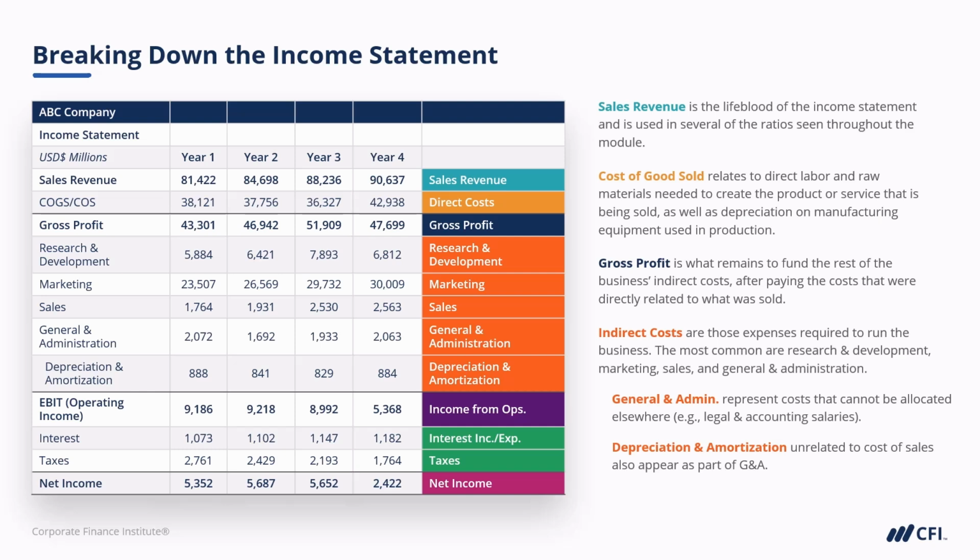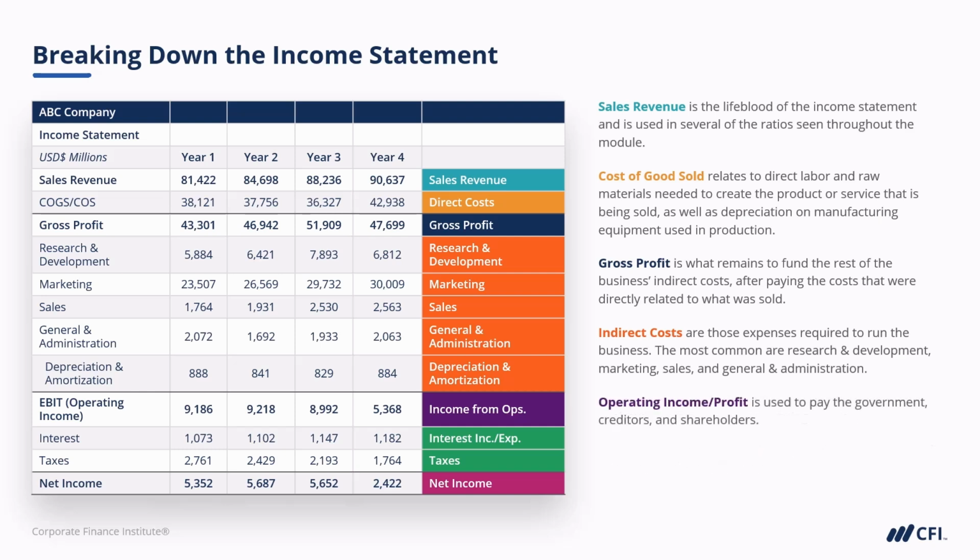such as trademarks. After deducting these indirect expenses, we arrive at the next major subtotal, which is operating income, also referred to as operating profit or EBIT, or earnings before interest and taxes. Operating profit is what remains to pay governments, creditors, and shareholders.